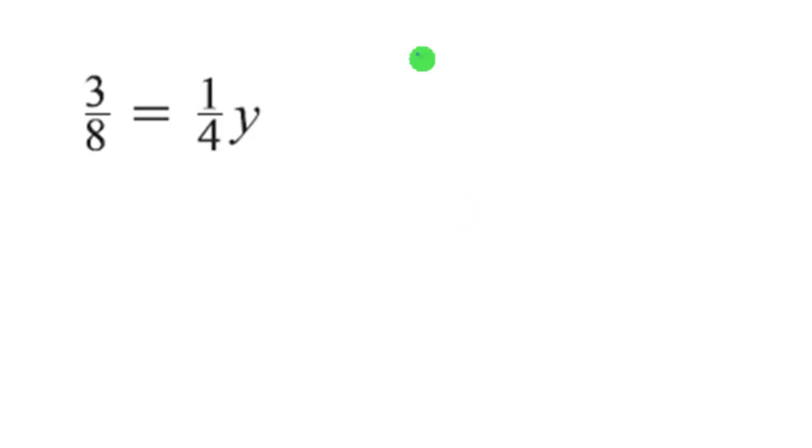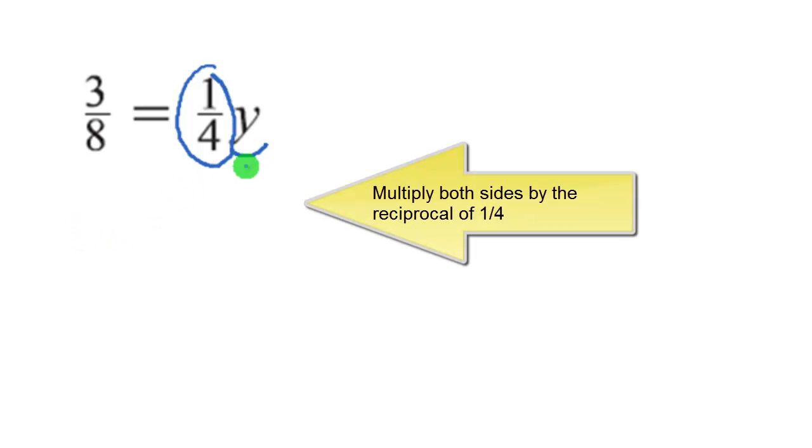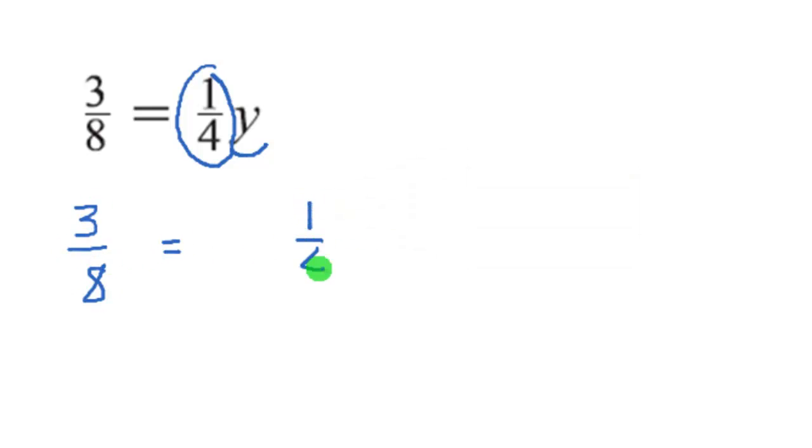Next equation, fractions again. We have 3/8 equals 1/4 times y. Now rather than dividing by 1/4 to get that y by itself, we'd like to be able to multiply both sides by something that's going to get us a 1y here, and that will be the reciprocal of 1/4, which is 4/1.